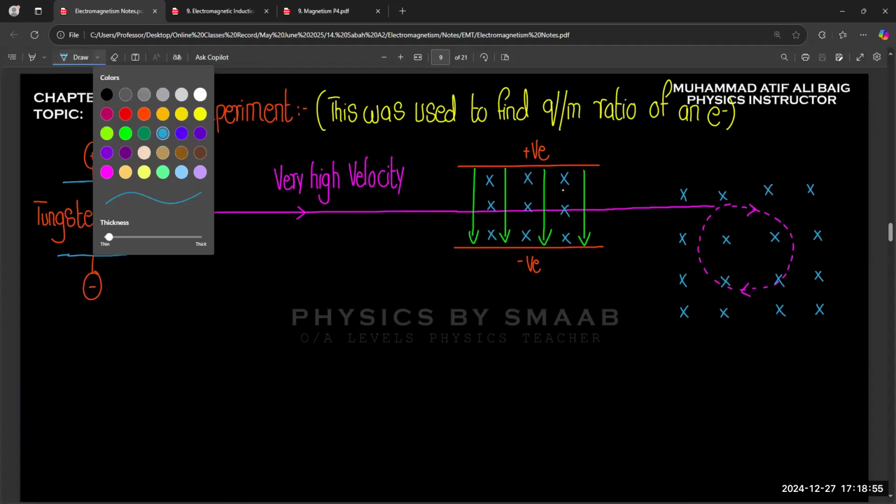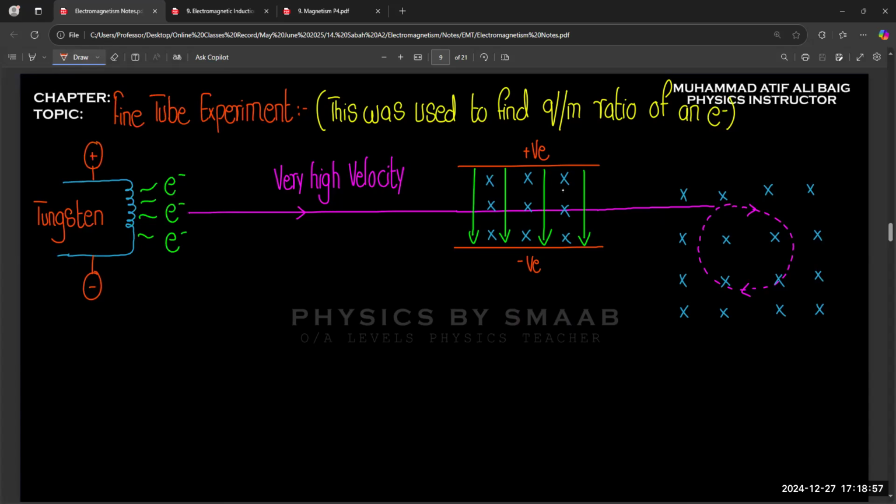And further, if we talk about the quantities, work done is equal to qV. We know that it is moving, so during the motion we have kinetic energy, and kinetic energy is equal to half mv square.